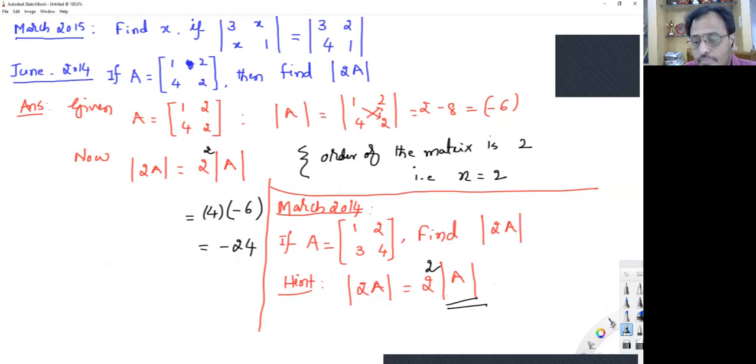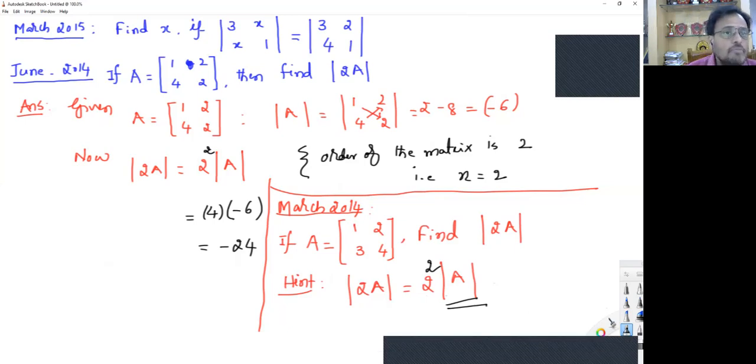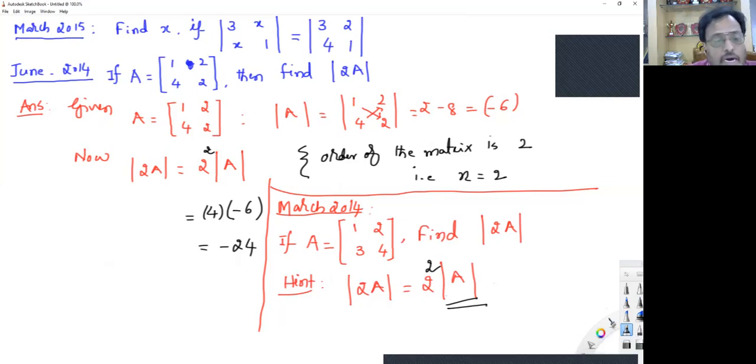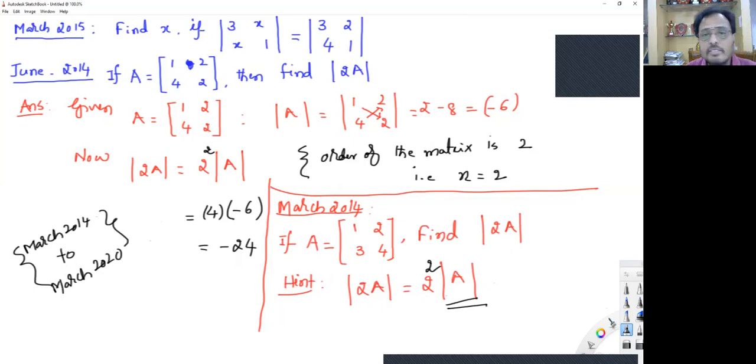So dear students, now for 1 mark questions, right from March 2014 to March 2020, all the questions which appeared from the topic determinants I have solved.